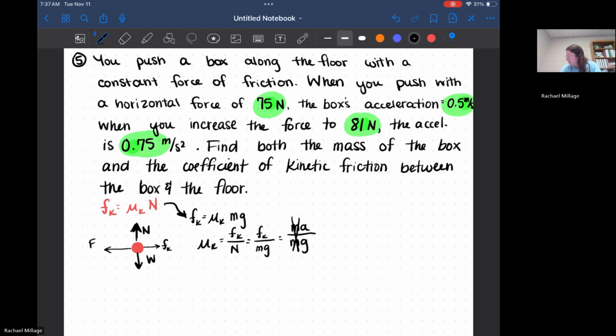Now I get my coefficient of kinetic friction is equal to acceleration divided by gravity. So for both of these, we're going to have a different coefficient. No, we're going to have the same coefficient of static friction, right?